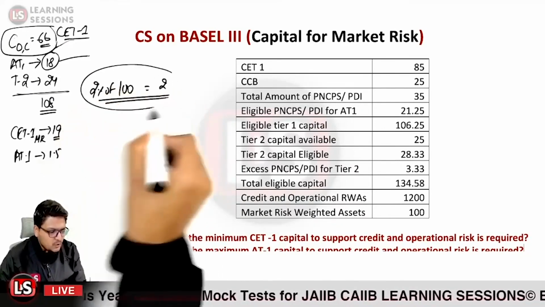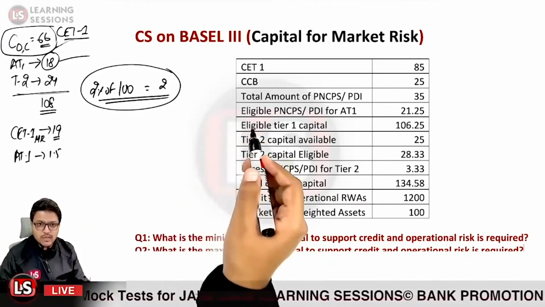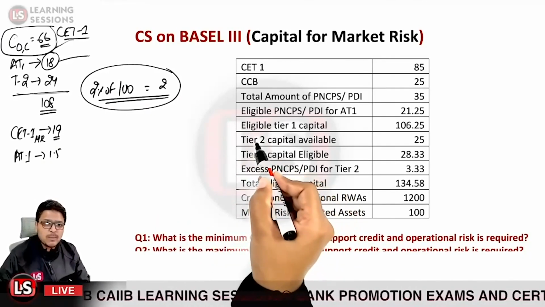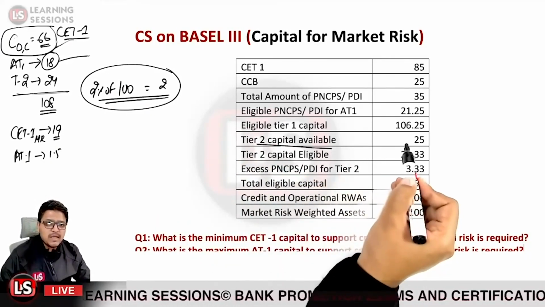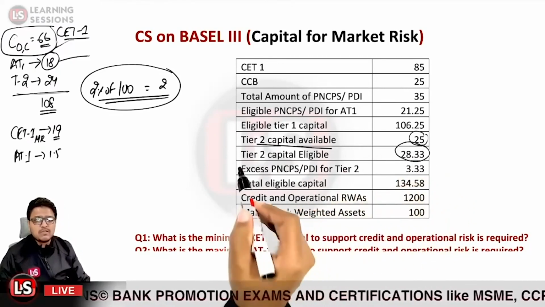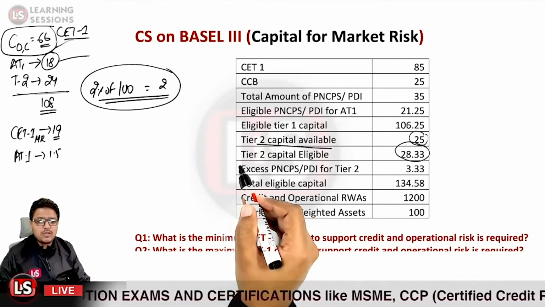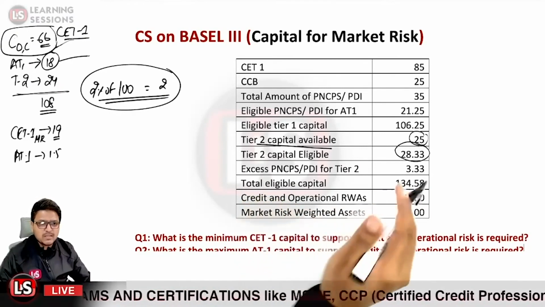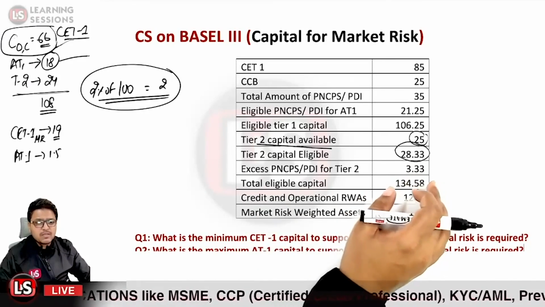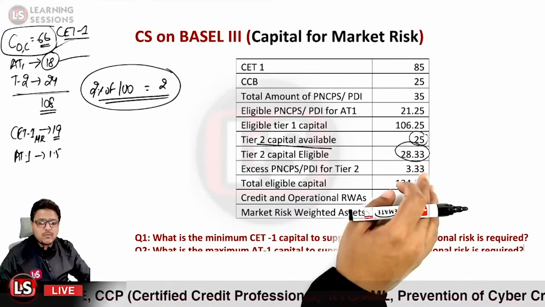And further, do we have additional tier 1, we need to recheck over here. Why we need to recheck? Because the tier 2 capital which was eligible over here, that was 25, and further the tier 2 capital which is eligible over here is given to be 28.33. I hope that this might have been some mistake, because it should not be 28.33.